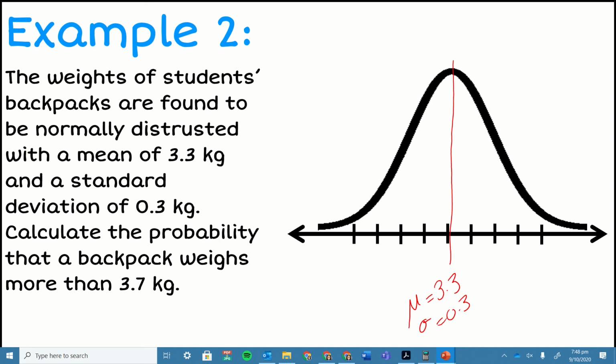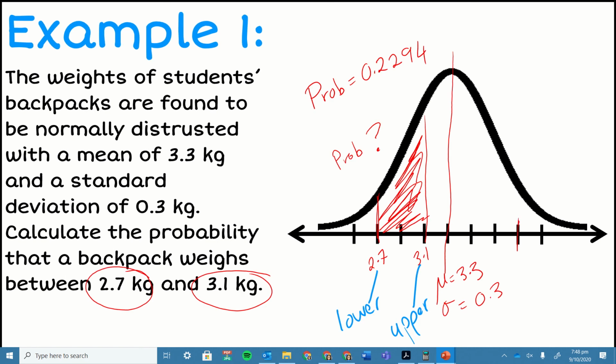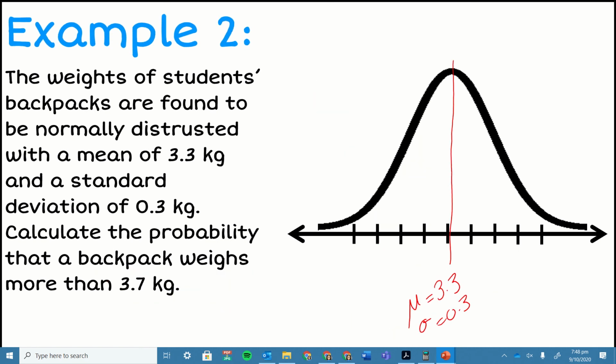So I think on my number line, where is 3.7? Well, 3.7 is going to be somewhere above the mean here. So I'm going to say this value there is 3.7, and I want the probability of being more than that. So I'm going to colour in, shade in the area above it.